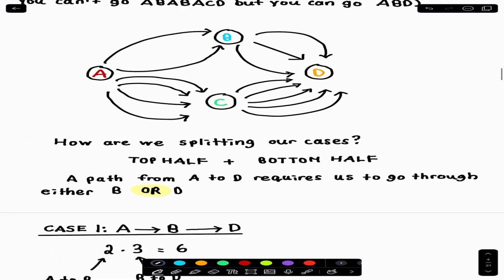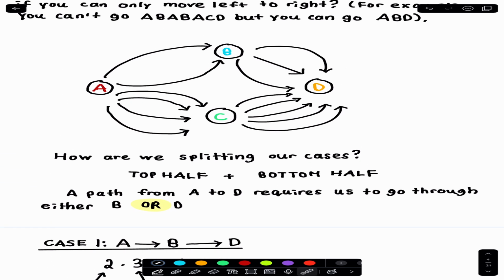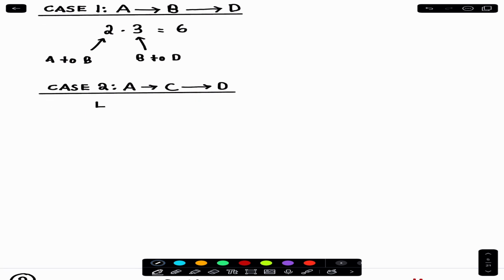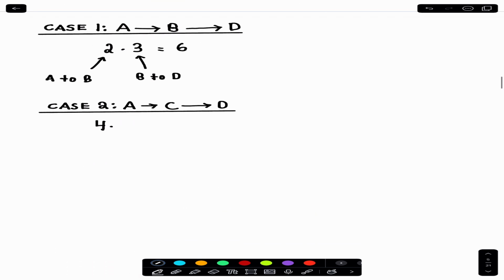Similarly, we have 4 paths from A to C, so that's 1, 2, 3, 4. We can take any one of these. We have 4 choices. For each of these 4 choices, we have 5 choices of the path to take from C to D. This means overall, there are 20 possible paths.